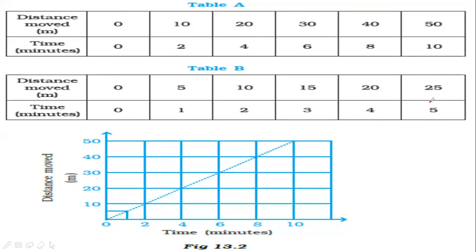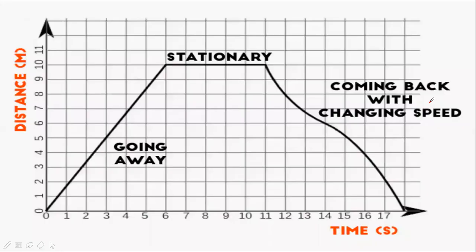So it's uniform speed. This graph represents uniform speed. Along the vertical axis, distance is considered, and along the x-axis, time is considered.